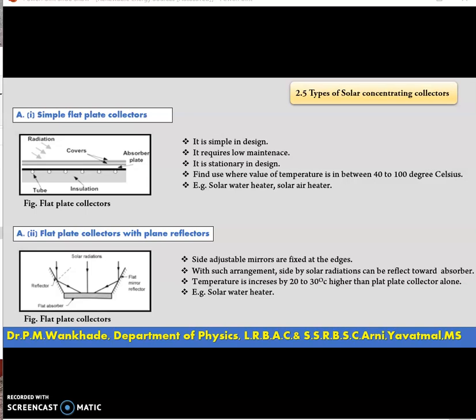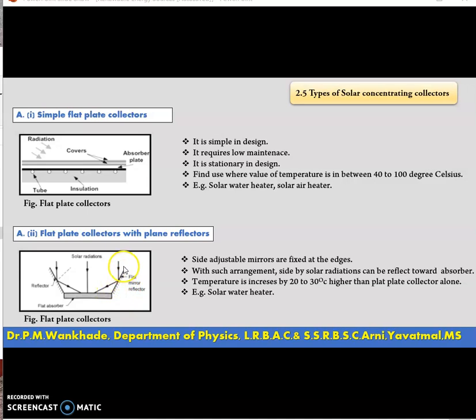Next we will discuss the second one, that is, flat plate collectors with plain reflectors. By using plain reflectors, that is, mirrors, at the edge of the previous arrangement, we can increase the temperature by 20 to 30 degrees Celsius more. Flat plate collectors with adjustable reflectors, that is, mirrors, are attached to the edges as shown in the figure.